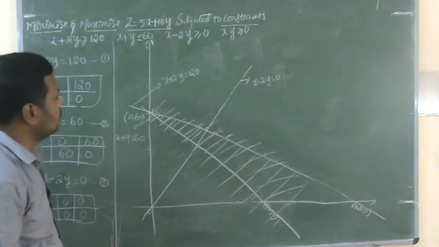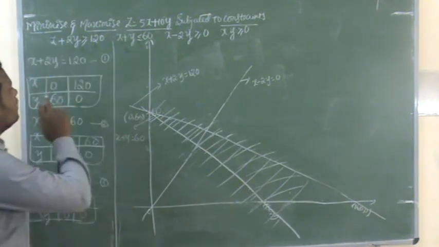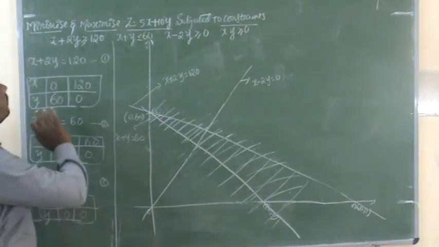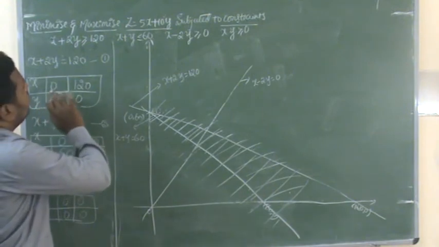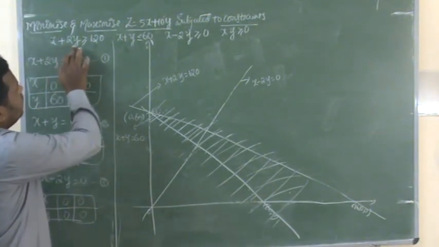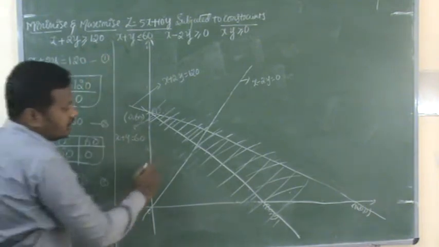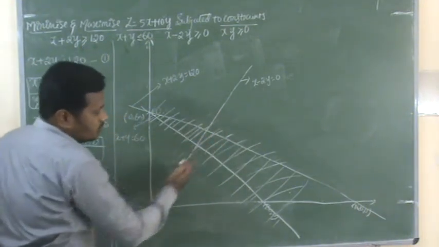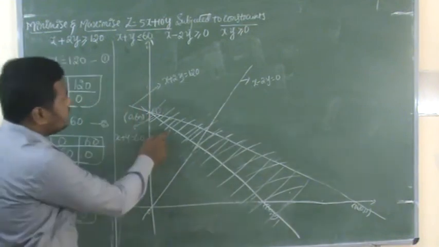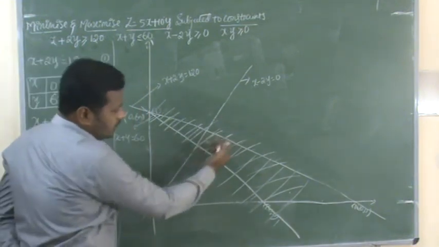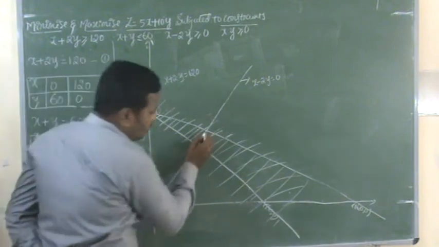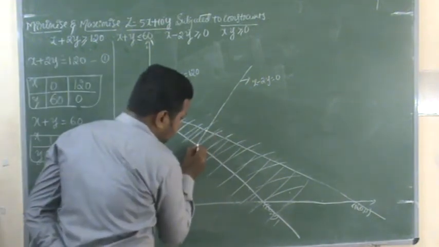Now, for the first equation, okay, 0 plus 2 into 0, which is greater than 120. That is the above the origin side. Now for the second equation, so below the origin side, okay, the common region comes towards here.